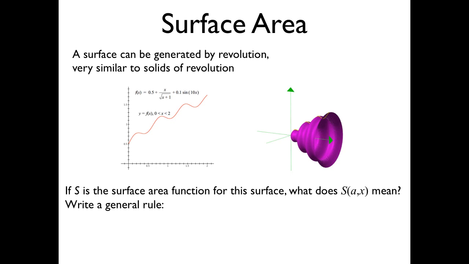And then can you write a general rule for how you would define such a function, the general structure of the accumulation of surface area function, how it will be defined?